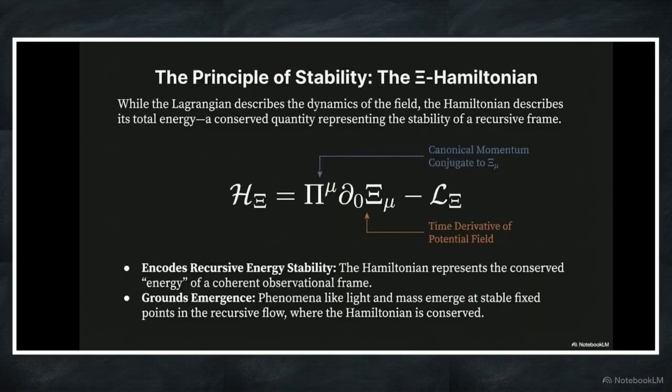The formal mathematical description of this macro stabilization process is the Xi-Hamiltonian equation. The equation dictates that total energy of a coherent frame equals its canonical momentum minus the Lagrangian engine. This relationship encodes recursive energy stability, ensuring system memory balances against thermodynamic constraints.